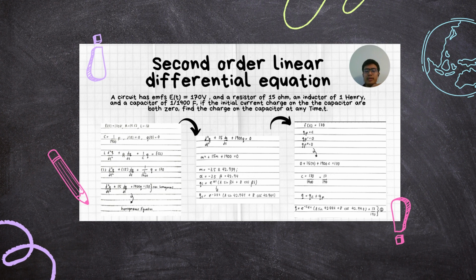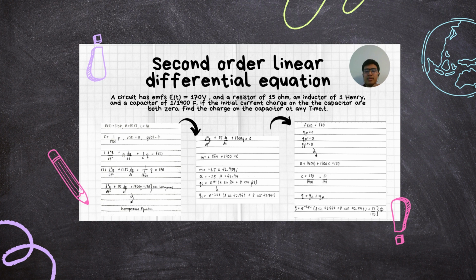So it turns into d²Q/dt² + 15 dQ/dt + 1900 Q = 0. This is the homogeneous equation, and we change it to be like this: m² + 15m + 1900 = 0.